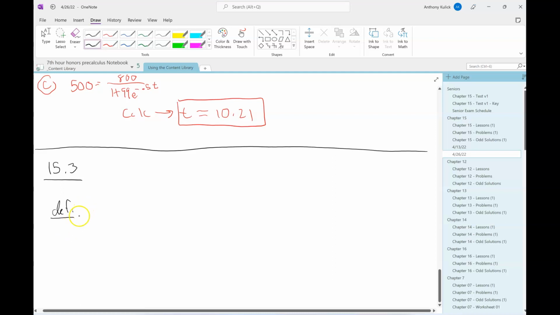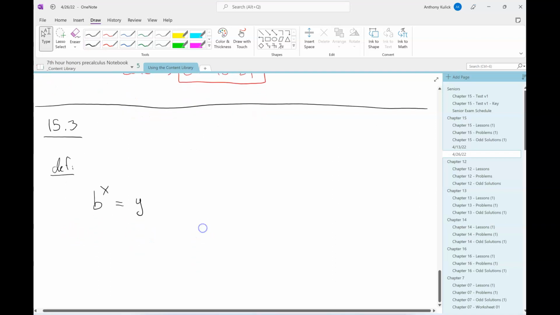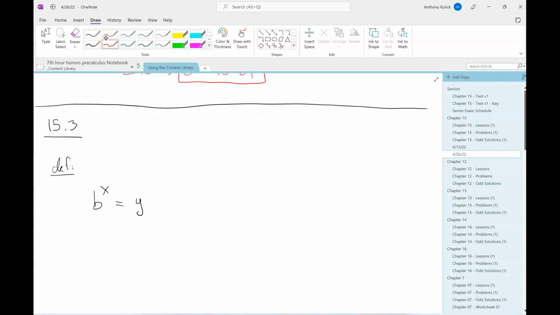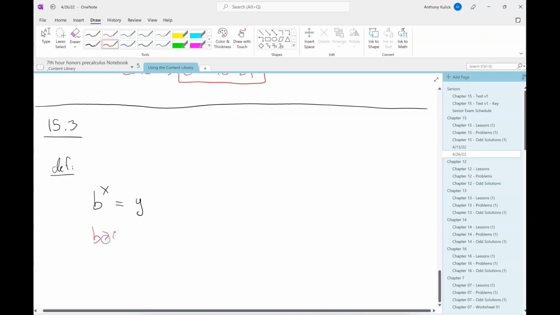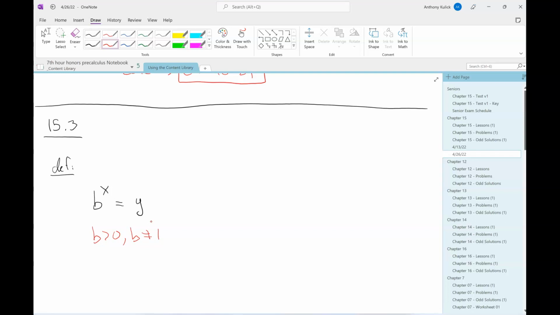So our definition for a logarithm says, okay, let's say we have some exponential equation. I know for an exponential equation, the b value has to be positive and not equal to 1. But let's say a little bit more about this. If I have some positive number and I raise it to a power, what kind of answer am I guaranteed to get?